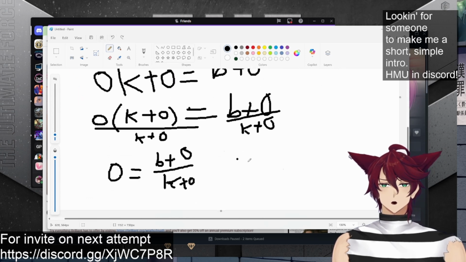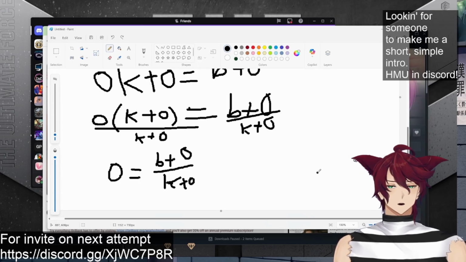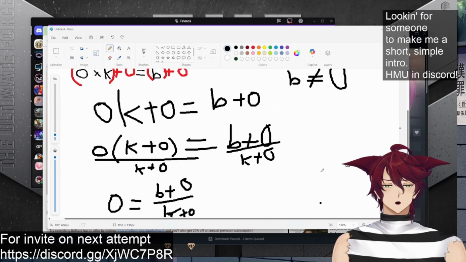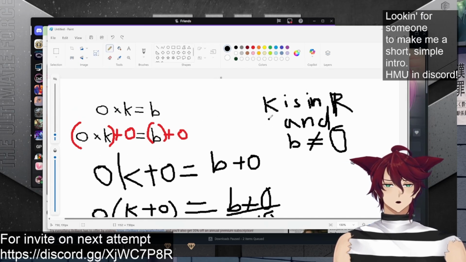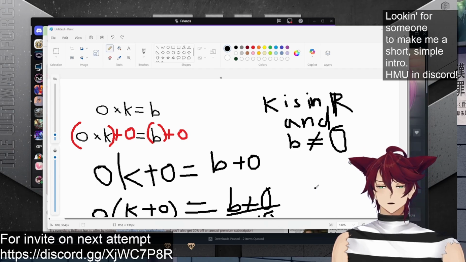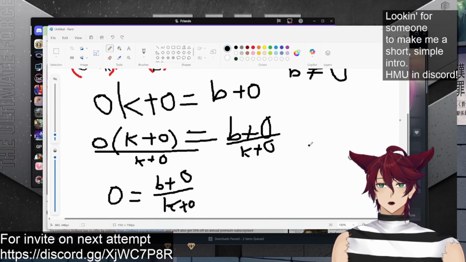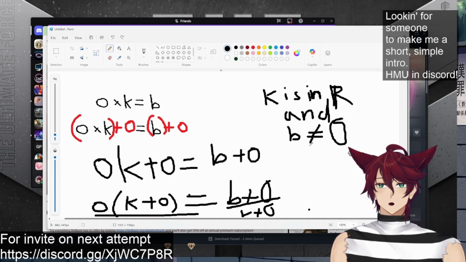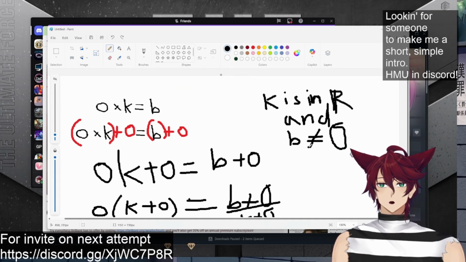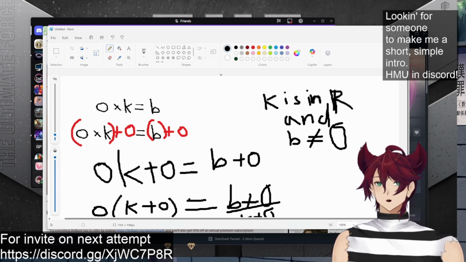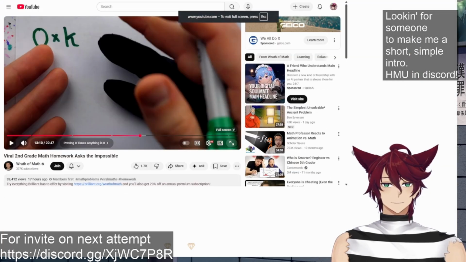That's not what we want to do. What did we determine again? k is a real number and b is something that's not 0. So what we want to happen is get k equals b. I don't remember how to do proofs. Sorry, we'll have to find the answer over here.